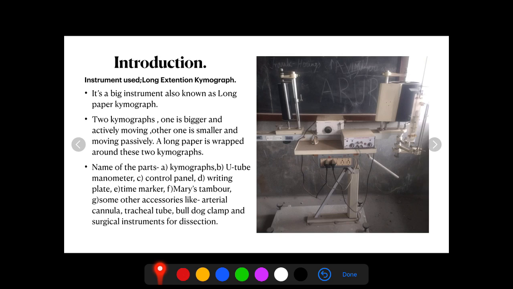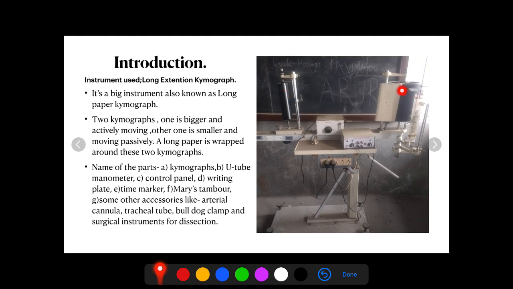Now, introduction. The instrument used is the long extension kymograph. This is the long extension kymograph. It's a big instrument. Now, there are several parts of this instrument. Two kymographs. This is one kymograph and this is another kymograph.